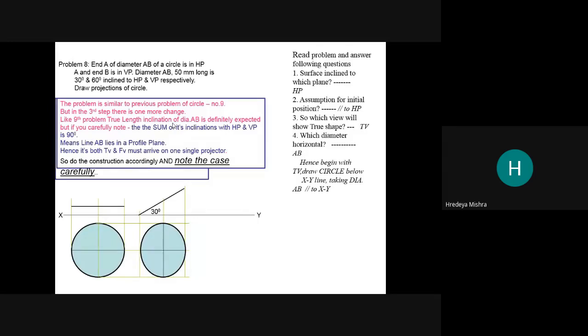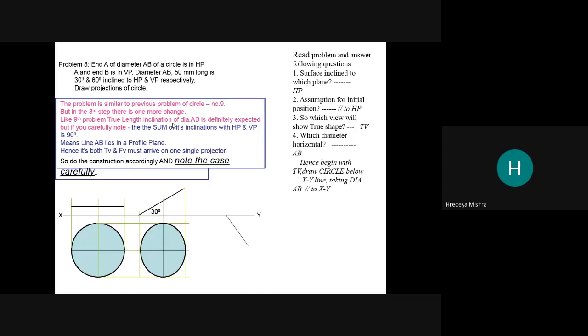It means line AB is in a profile plane, because a profile plane is perpendicular to both planes.